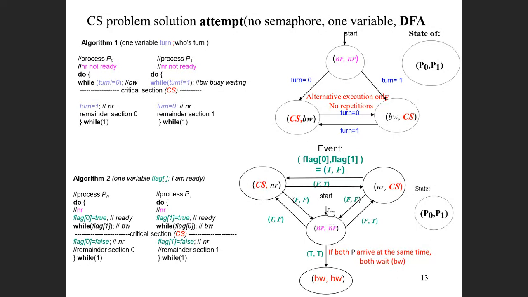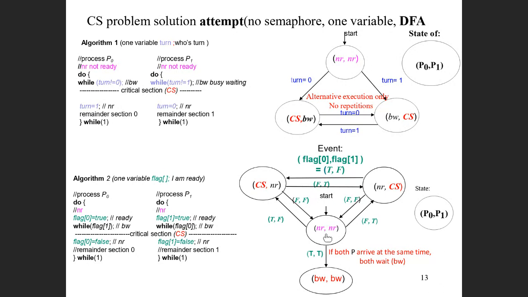We start with an arrow, and let's assume that we start with both processes being not ready. And again, the first component of the state is the state of P0, the second component of the state is the state of P1.